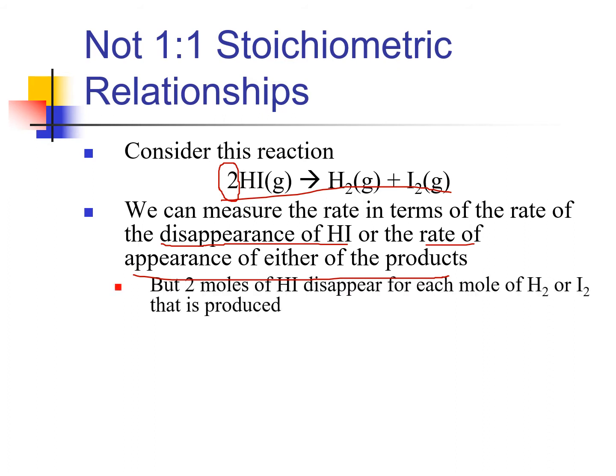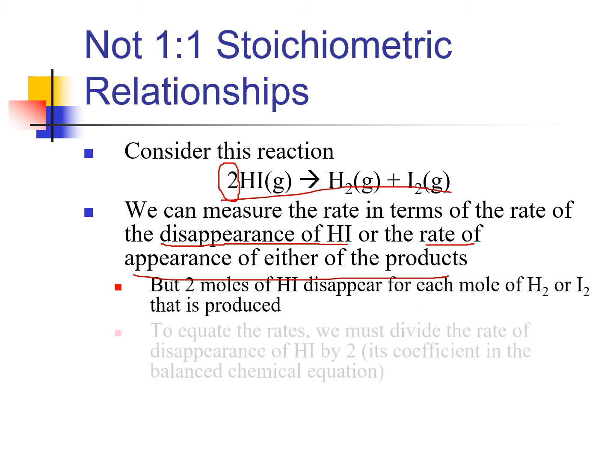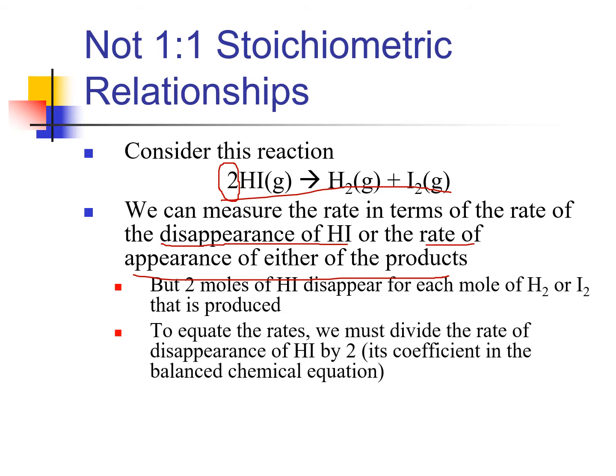Well, what we have to take into consideration is this coefficient business. Because that HI has the coefficient of 2, there's going to be 2 moles of HI disappearing for every mole of hydrogen or iodine that is produced. It'll actually disappear twice as fast. So to normalize this, all we do is we take the rate of the disappearance of HI and divide it by its coefficient.